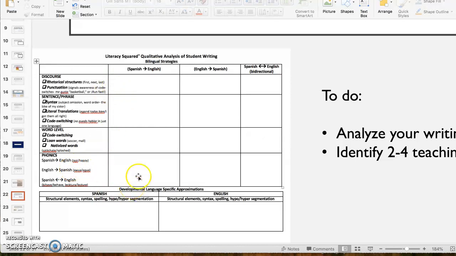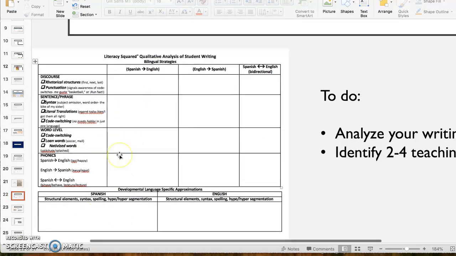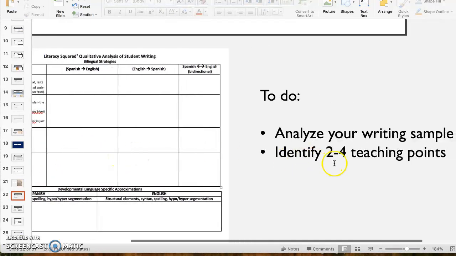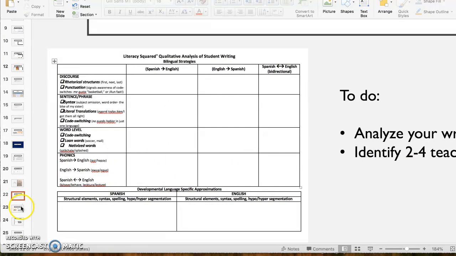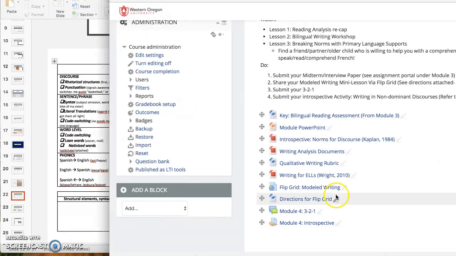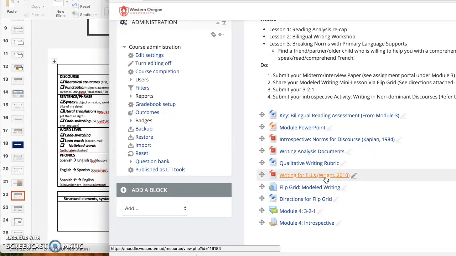So again, for the top part of this rubric, I want you to analyze your writing sample from a developmental perspective and also from a bilingual perspective. Once you do that, I want you to think about 2 to 4 things that you would try to work on with this child. Then I want you to turn to Moodle and go to Writing for ELLs, and you're going to read all the different ways that we can teach writing.